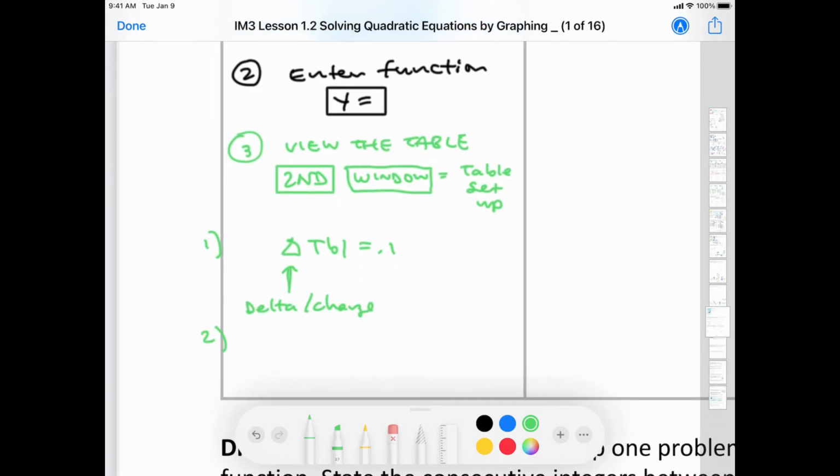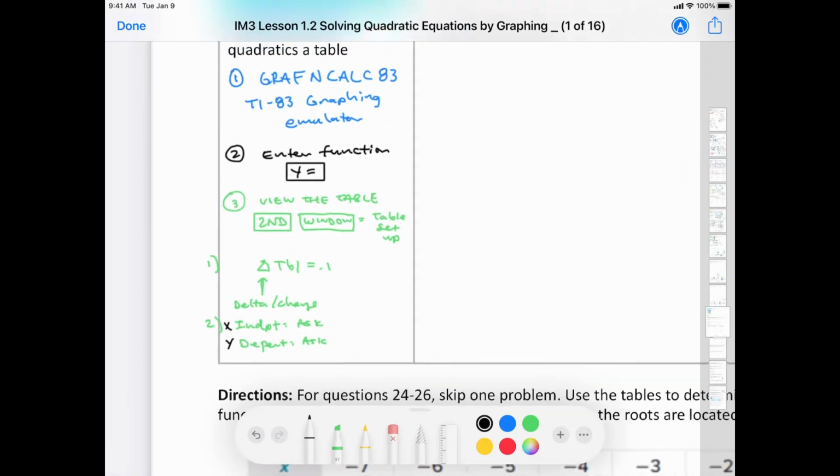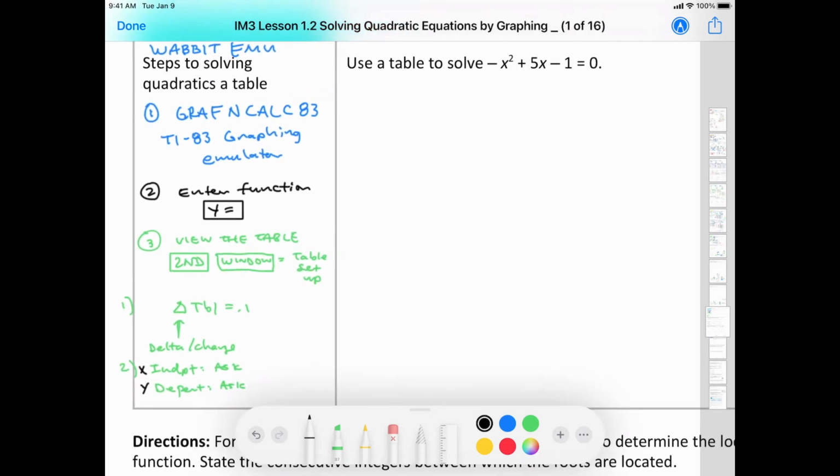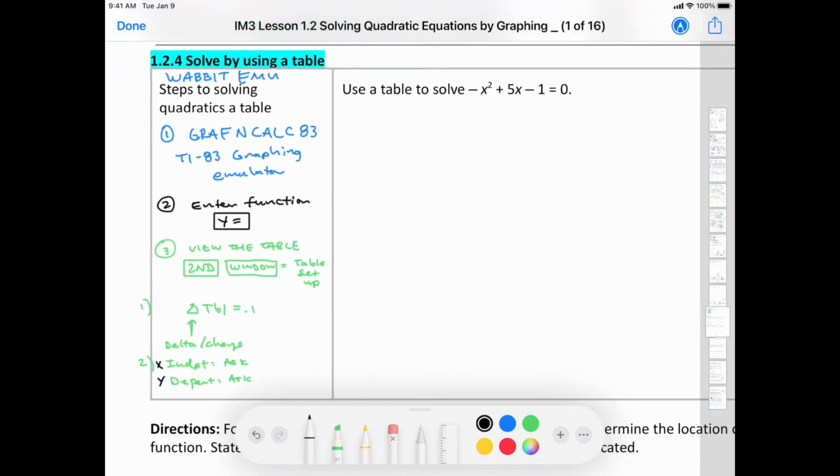The second thing is, if it asks you independent, you can set it to ask, and dependent also ask. This is the x coordinate, and this is your y coordinate, f of x. You can also use a graph to help you.